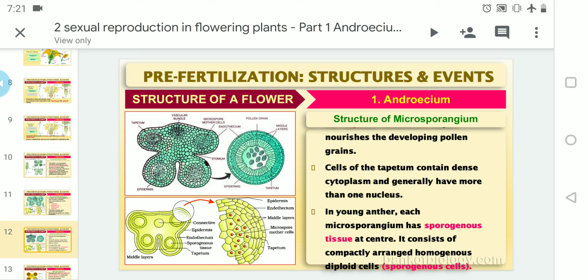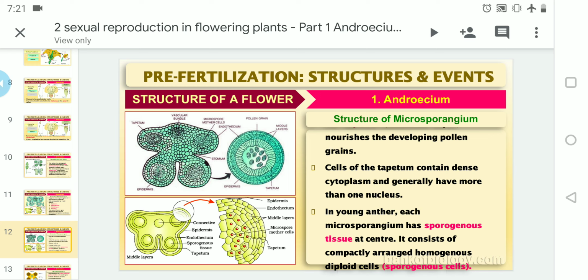Those are the characteristic features for identifying the tapetum, a nutritive layer. They can also ask what is the role or function of the tapetum. So you should write that the tapetum nourishes the developing pollen grains.